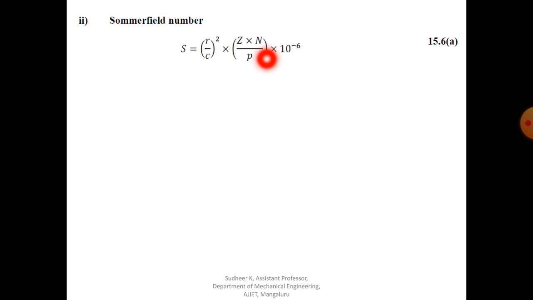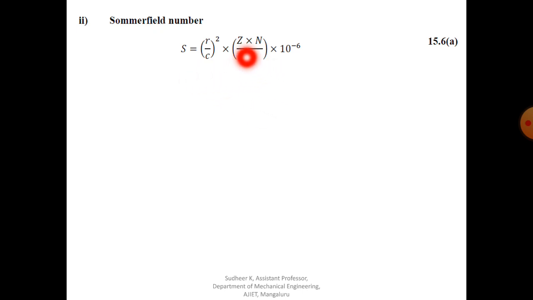Capital N is always in RPM and small n is always in RPS. P is the unit bearing pressure, which should always be in Newton per millimeter square. If you substitute in this equation, you will get the Sommerfeld number.